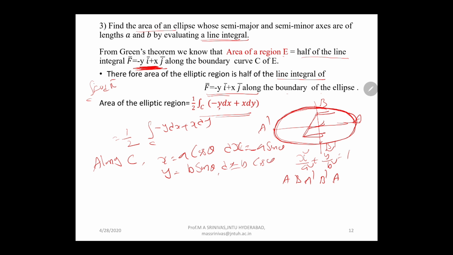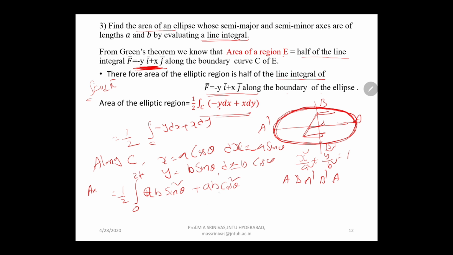So my area is half of the integral, where theta varies from 0 to 2 pi, of minus y, which means minus b sin theta, into dx. dx is minus a sin theta d theta, therefore it becomes plus ab sin square theta, plus x is a cos theta into dy, which is b cos theta d theta.